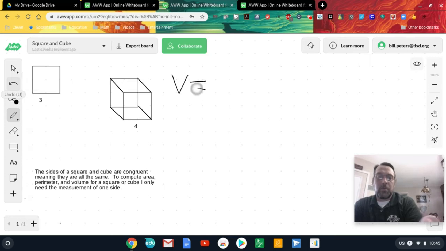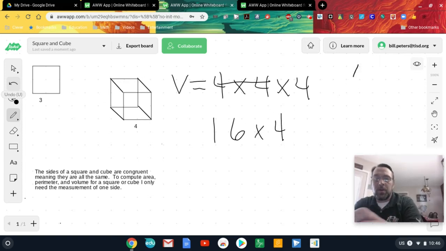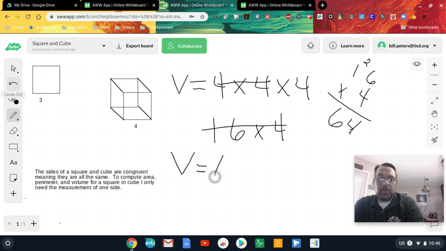So my volume will be 4 times 4 times 4, length times width times height. 4 times 4 is 16. 16 times 4: 4 times 6 is 24. Carry the 2. 4 times 1 is 4, plus 2 is 6. So my volume would be 64 cubic units.